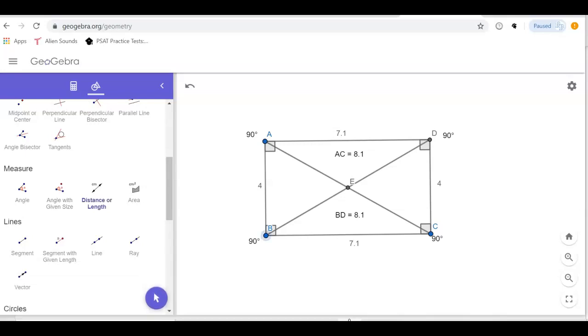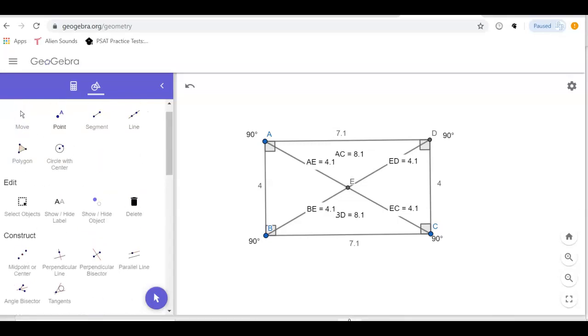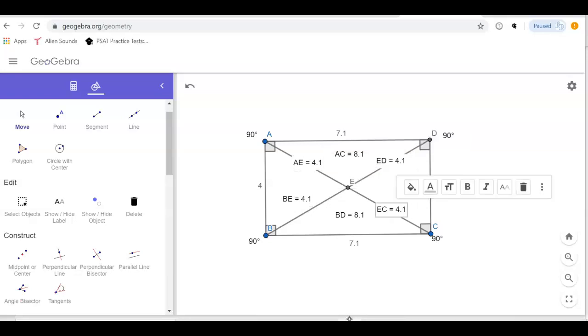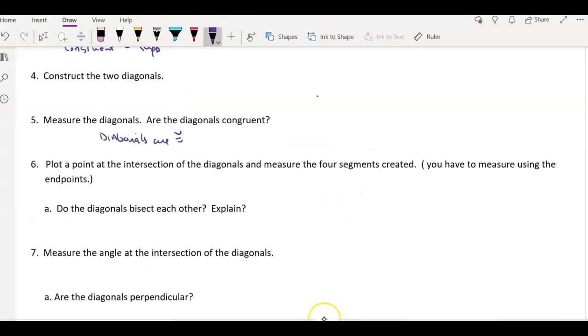So even when I measure this, this, this, and this, you will see clearly that the diagonals do bisect each other. Not only do they bisect each other, but if the diagonals are congruent and they bisect each other, all four of these are going to be congruent.